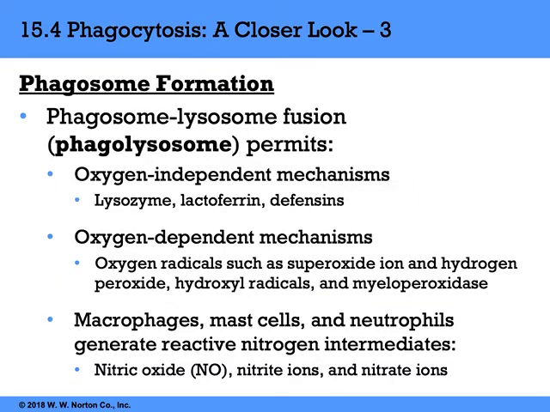Okay, so phagosomes are basically membrane enclosed vesicles that contain the solid material that was pulled in by the phagocytic cell, in which case here we could be talking about a neutrophil or an eosinophil or a macrophage.